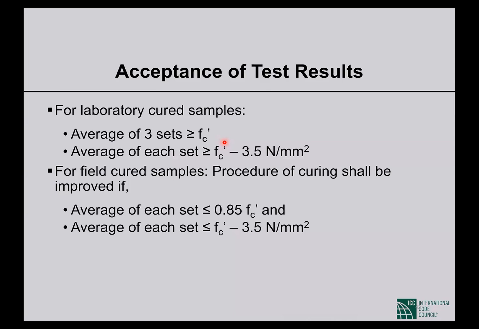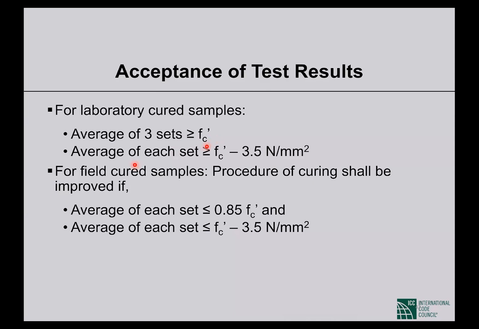That will be cured in a tub in the laboratory, completely immersed, so fully cured. So if the samples are cured in the lab, then the average of 3 sets must be greater than the fc prime.